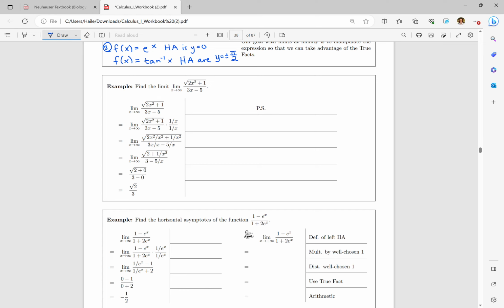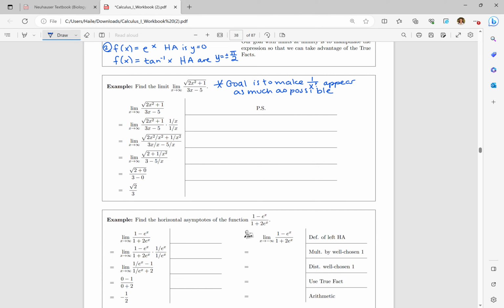Okay, so next, remember, my goal is to make 1 over x to some power appear as much as possible. Okay, so that's the main goal of all of this algebra. That's where we're trying to get to.